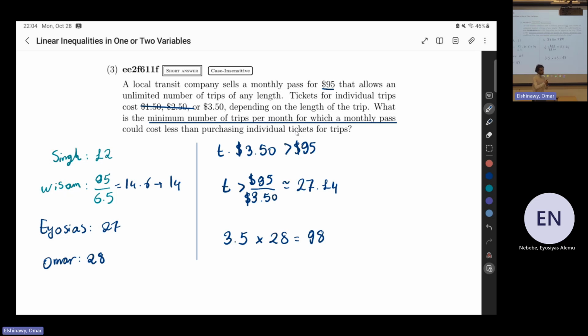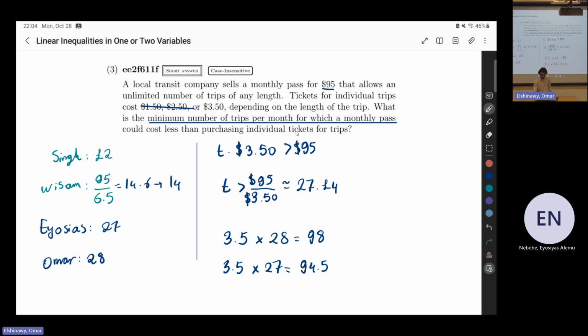So 28 is a threshold. If you look at 3.5 times 27, you get 94.5. This is not difficult to see, just take away 3.5 from this.